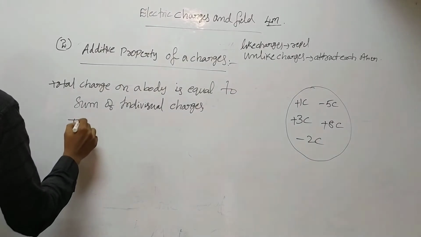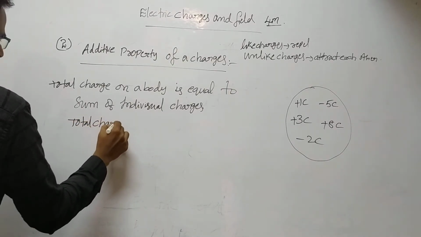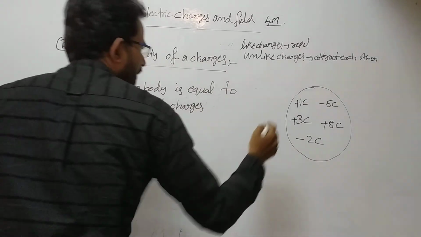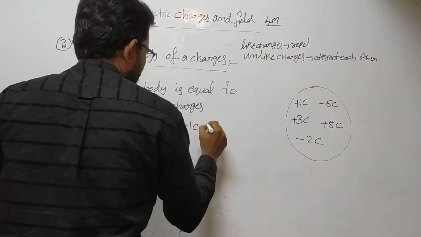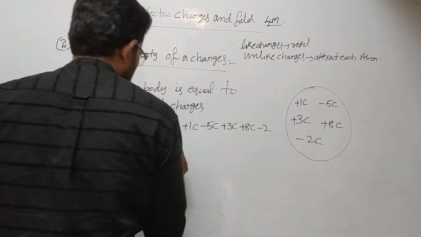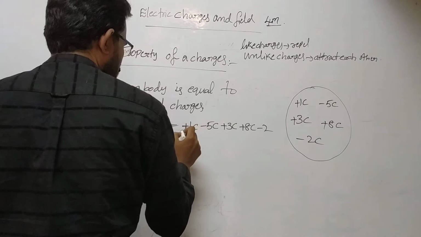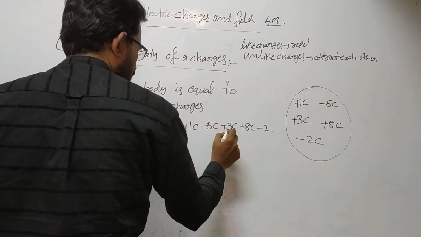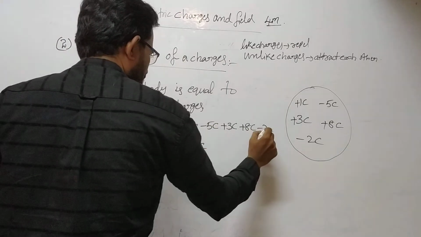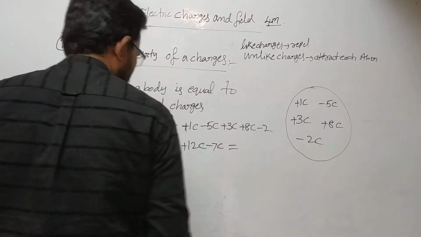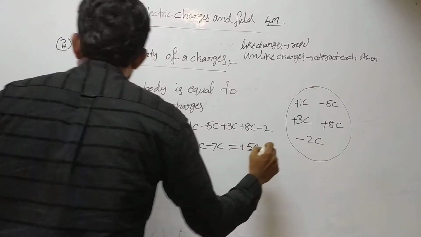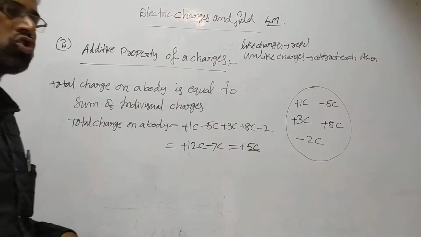For example, plus 1 coulomb, minus 5 coulombs, plus 3 coulombs, plus 8 coulombs, minus 2 coulombs. Adding the positives: 1 plus 3 plus 8 is plus 12 coulombs. The negatives: minus 5 minus 2 is minus 7 coulombs. So 12 minus 7 is plus 5 coulombs. This property is called the additive property of charges.